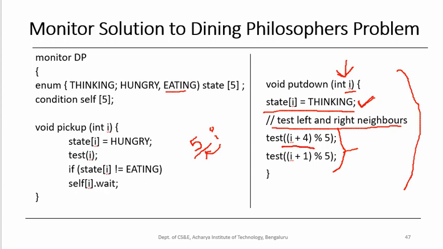So why is it I plus 4 modulus 5, and I plus 1 modulus 5? That I will tell you. This 5 is because there are 5 philosophers.